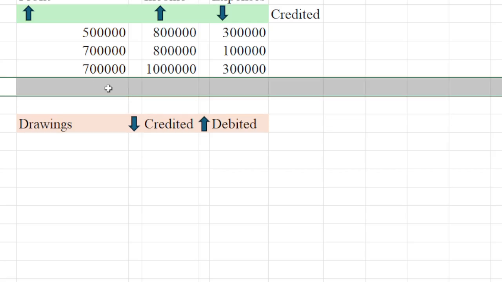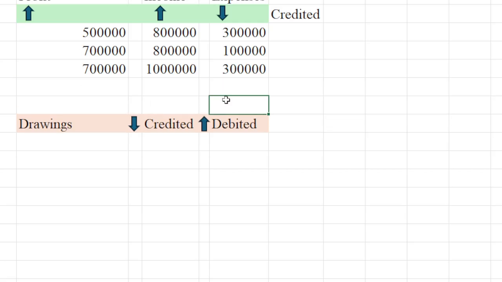How does it affect the profit? Whenever expense increases, let's see how it affects the profits. Let's say expense is increased to 5 lakhs and income remains the same at 8 lakhs.